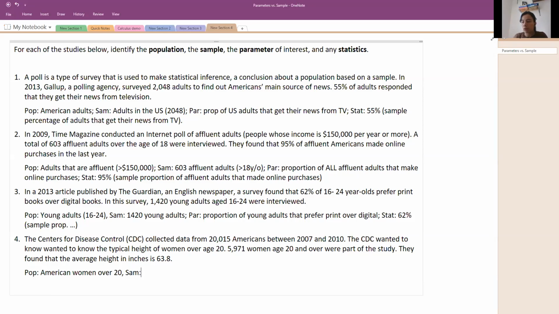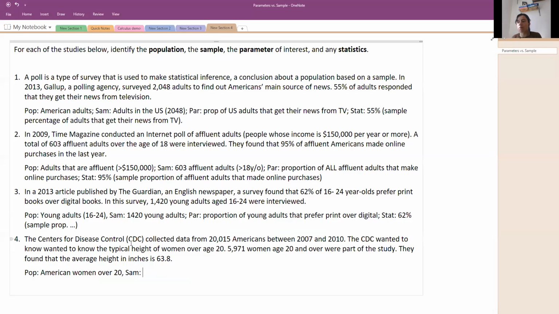Then the sample is the number of women that we chose, which were how many? 20,015. Okay, so here be careful. What is my population? American women over 20. Yes, and so my sample needs to correspond to the American women over 20.